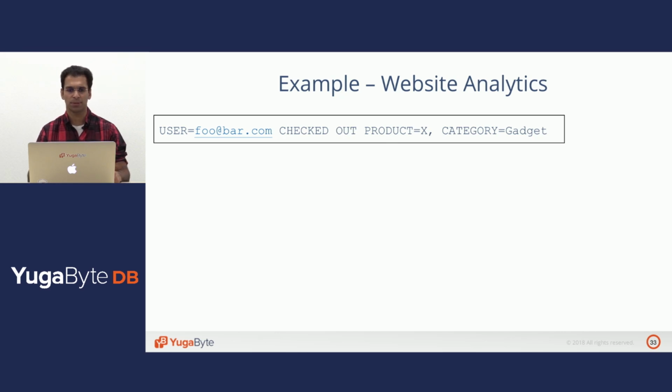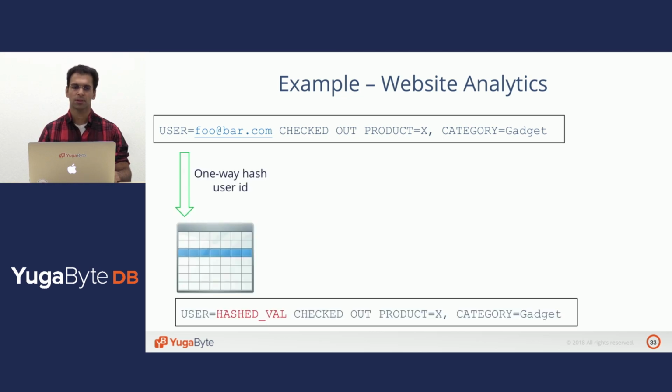Again, let's look at an example. Now, you want to store the fact that a particular user with some email checked out a product in some category. We go ahead and do a one-way hash of the user ID or the user email, which is PII, and we now have a hashed value.